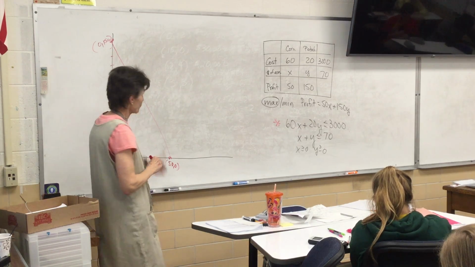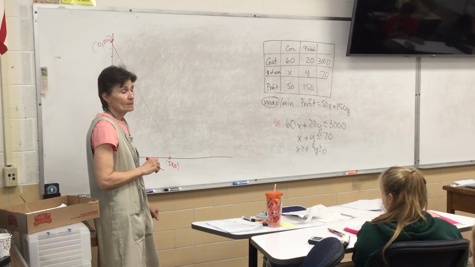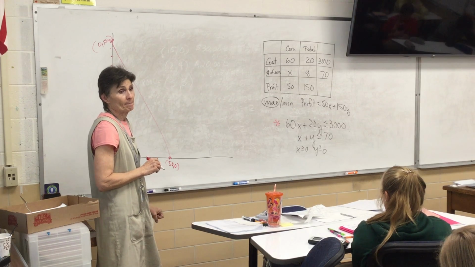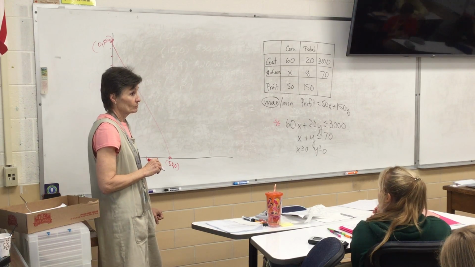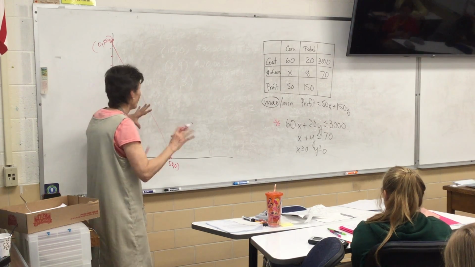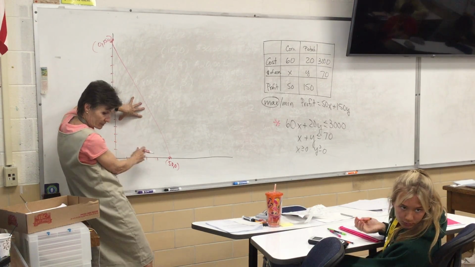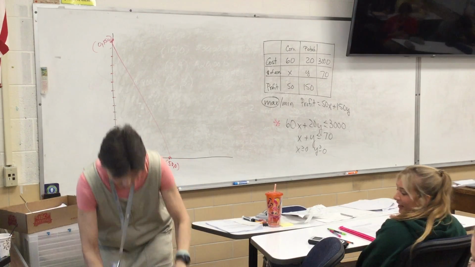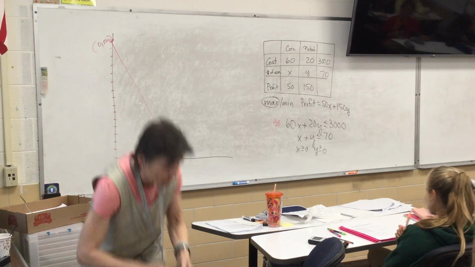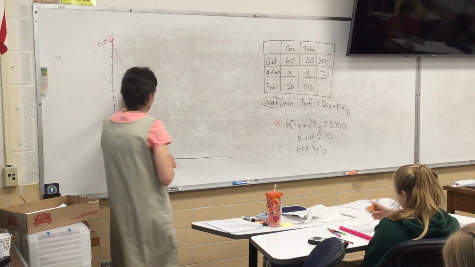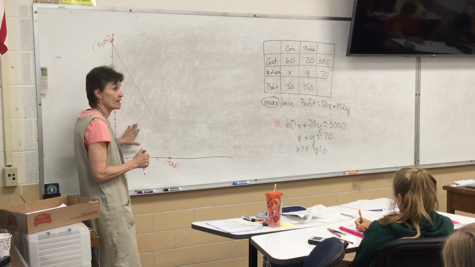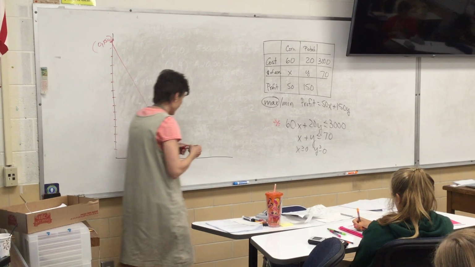That's supposed to be a straight line, mine never are. Where do I shade? Below. So at this point, the only thing you're looking at is this triangle. The only thing I'm looking at is that triangle right there. Would everybody agree? Because it's a less than. Okay.